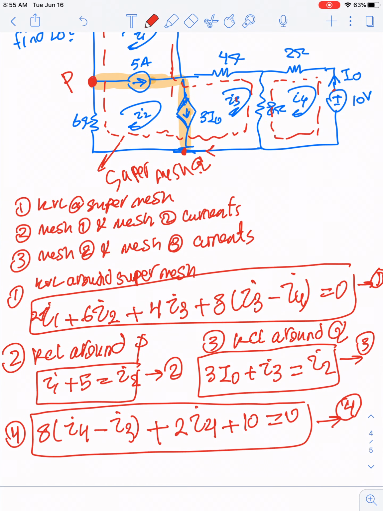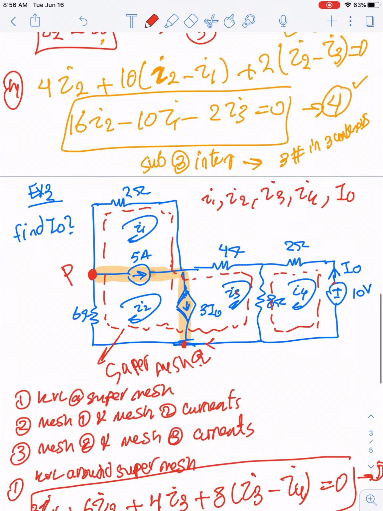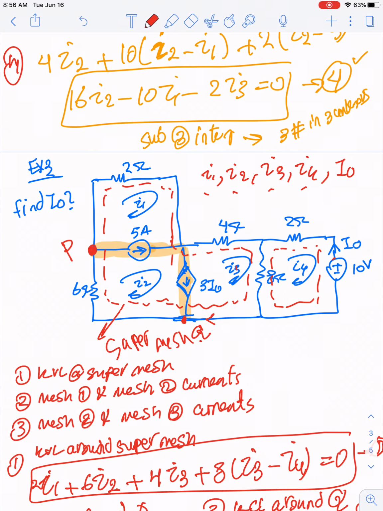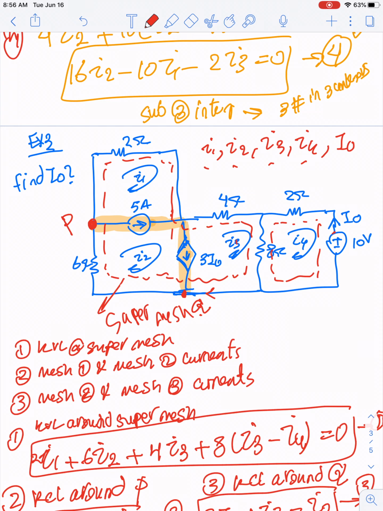So we need to find the fifth equation. I need to relate one of these things to IO. IO is common here, so this is IO and also this is IO. For this IO, I already used it in relating mesh 2 with mesh 3. So the only thing that I did not use is the knowledge that the current in that branch is equal to IO. How can I relate the current of this branch to I4? It's really easy.